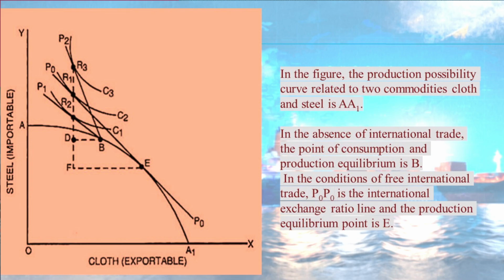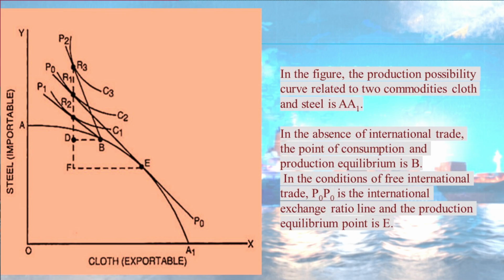So when there was no international trade, we observe that the equilibrium point where production and consumption take place is point B, as shown in the diagram.